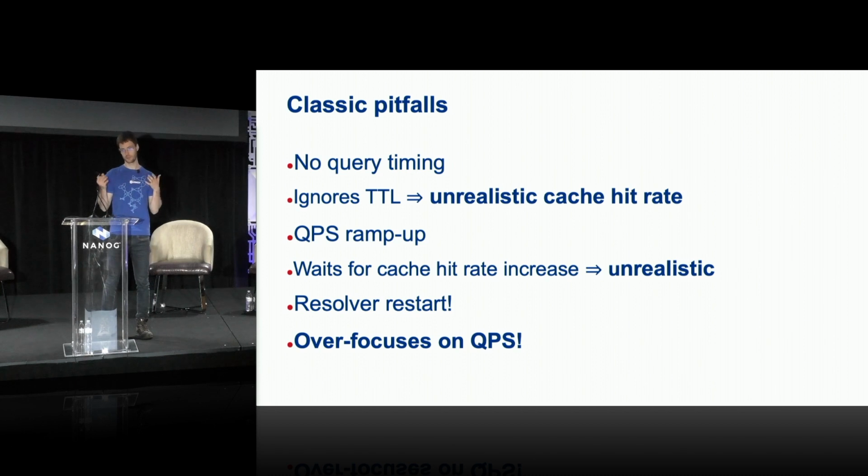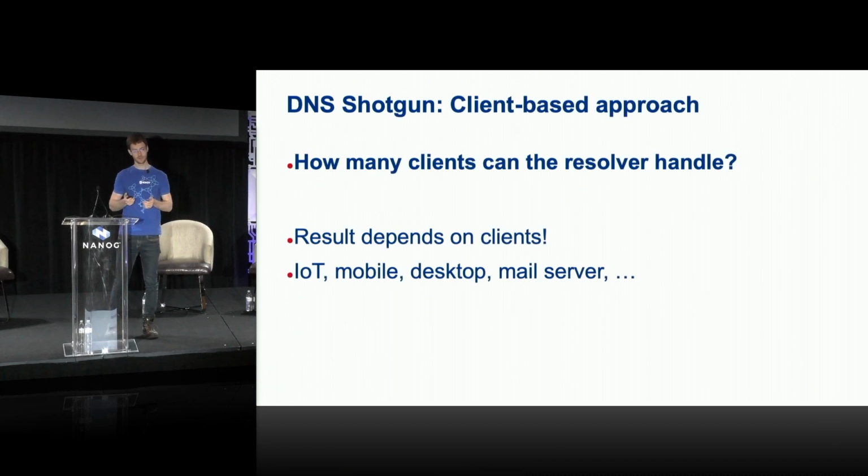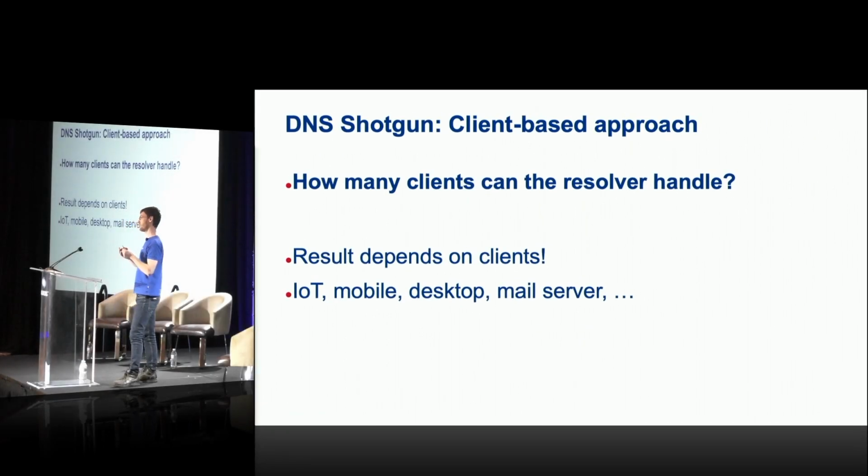So we can summarize that resperf is typically over-focusing on QPS, the number of queries per second, but that's not really what you need, right? If you are operating a serious network, you need the information on how many clients the resolver can handle, not the number of queries per second. Otherwise, you have to somehow magically convert your number of queries per second to the number of clients in your population.